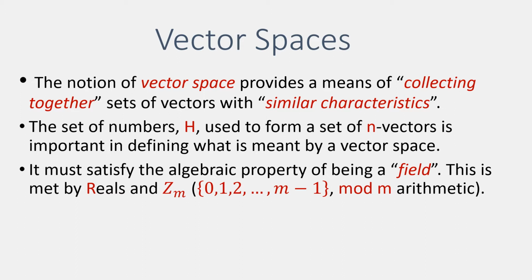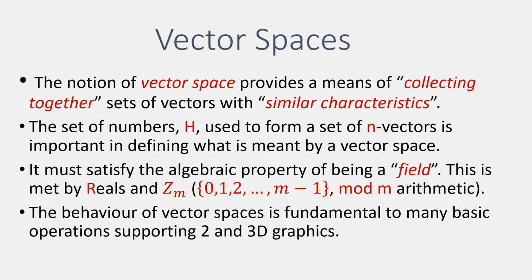I'm just going to observe that these properties are satisfied by the real numbers and by the integers modulo some constant value arithmetic. And as I said at the start, the behavior of vector spaces is extremely important. It's fundamental to many basic operations supporting graphics in 2 and 3 dimensions.